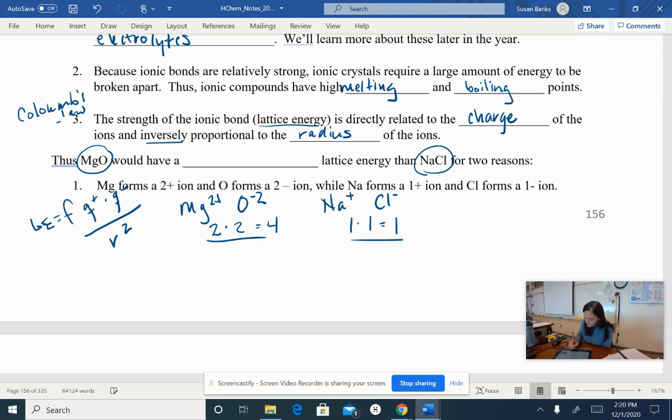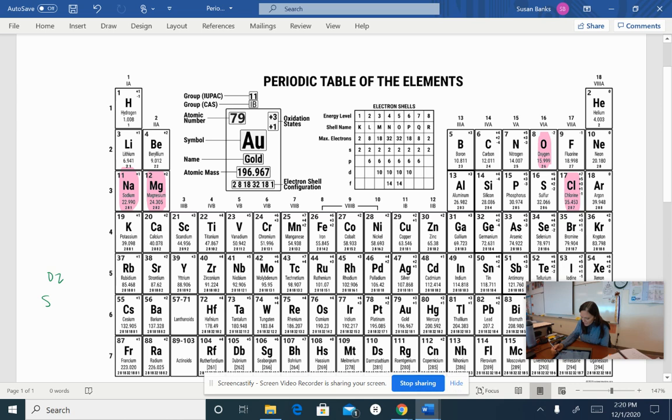Okay, we're not going to actually deal with the actual radius, but let's look at magnesium's radius compared to sodium. Now remember, magnesium is a +2, so it has 2 extra protons to pull those electrons in even tighter. So magnesium's smaller than sodium, and oxygen is smaller than chlorine.